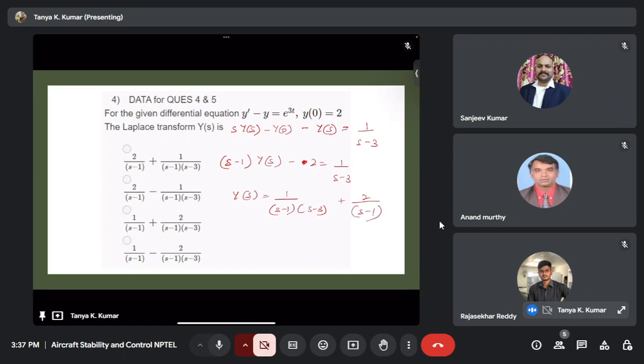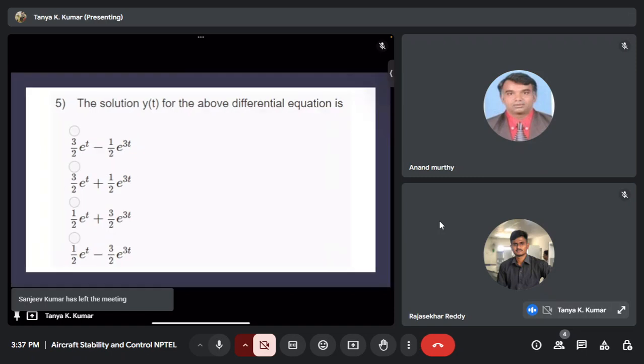So which option is this? 2. It's this one, right? So that was straightforward. Then they've asked you the solution to the differential equation y of t.